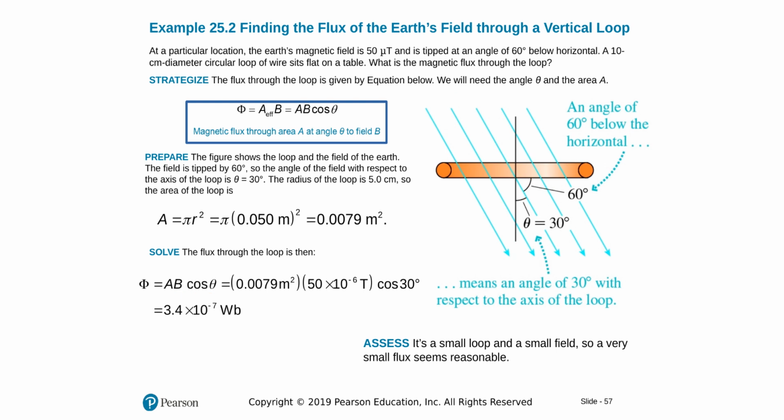This question here is a nice calculation of a flux. We have a circular loop here, and we have the magnetic field of the earth going towards the right, tilted 30 degrees from the normal. In the question we are given the 60-degree angle, so we have to be careful about this. We have to find the angle between the magnetic field and the normal or axis of the surface.